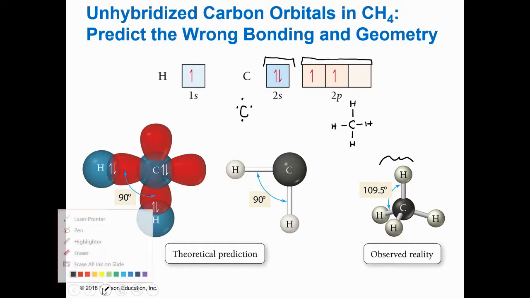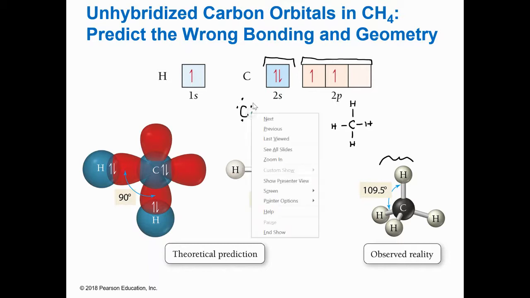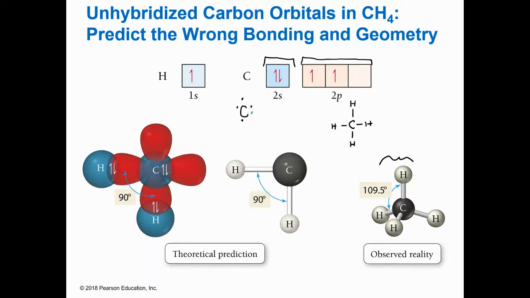How many electrons does carbon want? How many does any element want? 8, right? So that means there's the opportunity for carbon to bond with 4 other hydrogens, okay? Because then it'll have the 8.